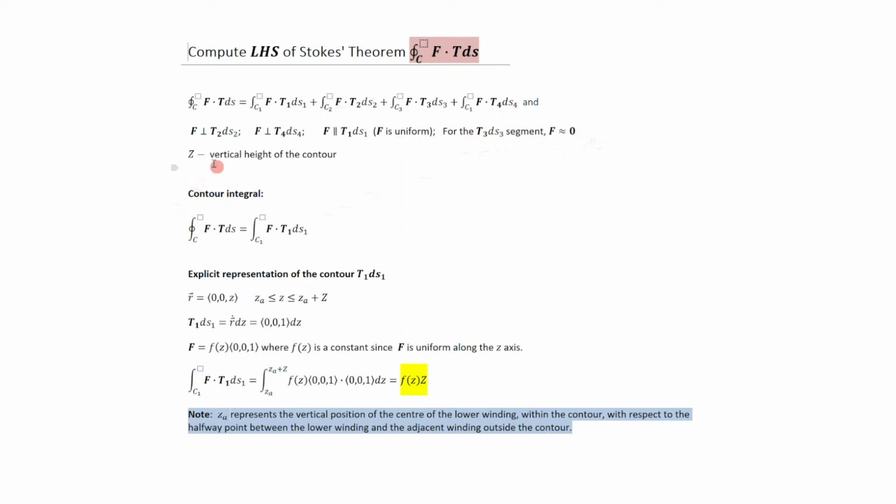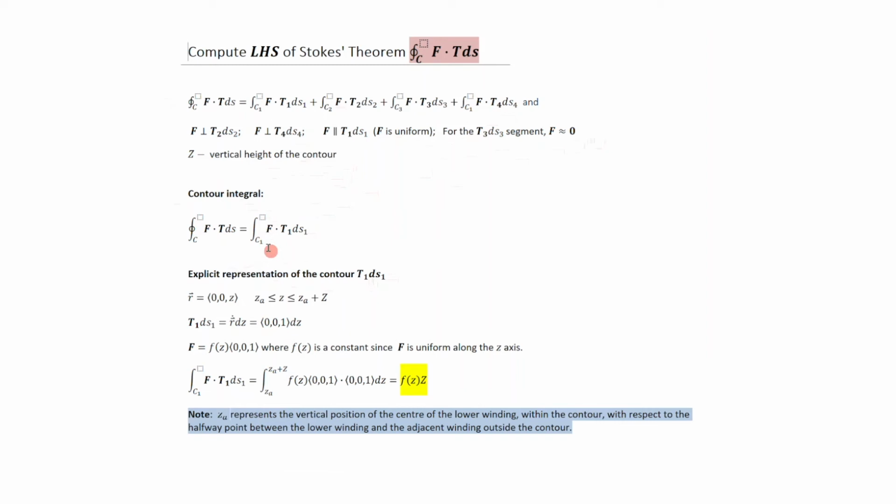And z is the vertical height of the contour that we've chosen. And again, we made sure that we always capture periodicity. So the contour integral in this case, given that 3 of these will be 0, means that we're only concerned about the portion which is going up the middle of the helix, which is this contour C1 here.